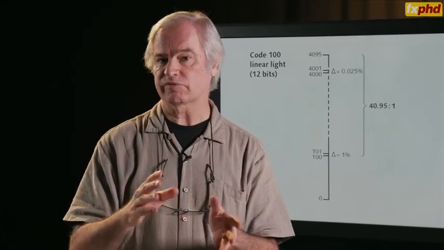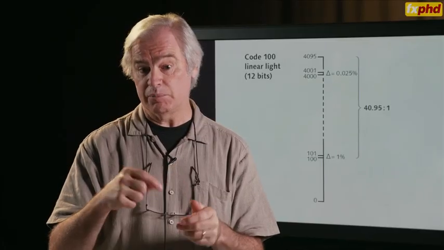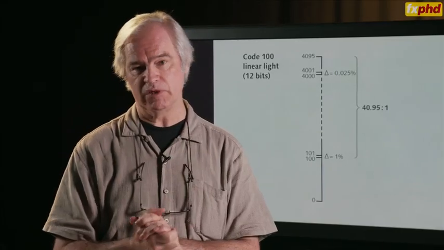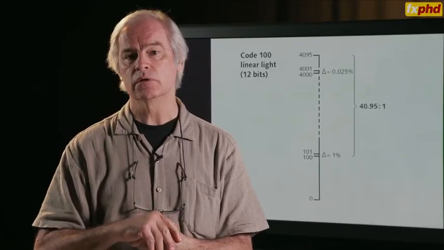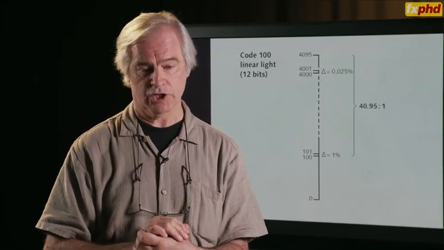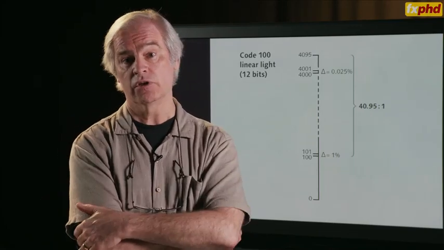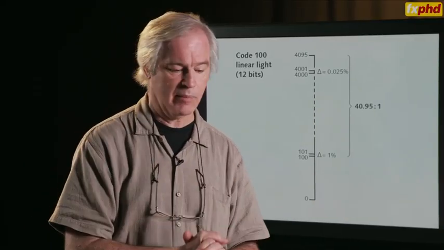I'd like to talk a little further now about quantization, and in particular I want to talk about what we do in practice to reduce the bit width from something like 12 bits or even 14 bits appropriate for linear light acquisition to something like 10 bits or 8 bits appropriate for distribution purposes in a perceptually optimized space.